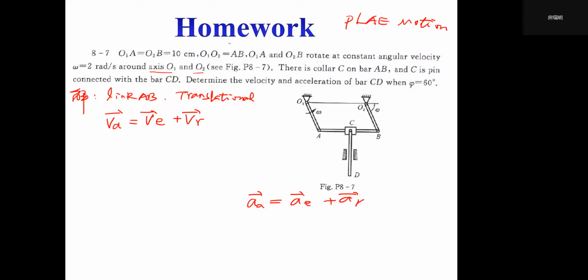Because there are two rigid bodies rotating around fixed points O1 and O2 respectively. Here we know O1A has a uniform, constant angular velocity. So the first thing we know is VA should be along this direction. Can you guys understand what I'm talking about? So here should be perpendicular.